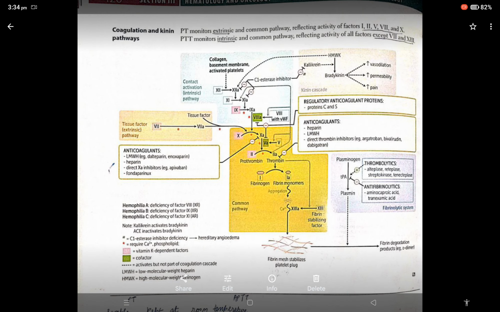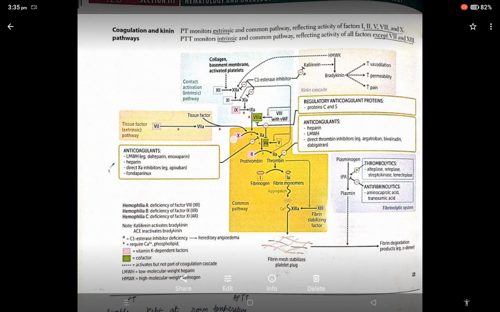First is factor 12. Factor 12 is activated, then factor 11, then factor 9. 10 is not there in the order: 12, 11, 9. After factor 9, factor 8 is activated, then factor 7.